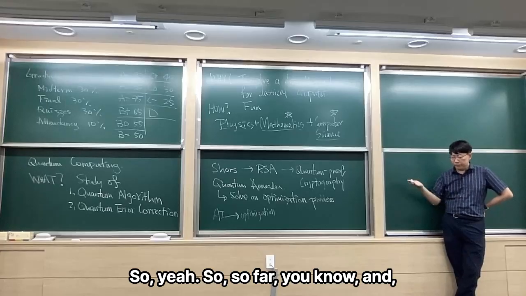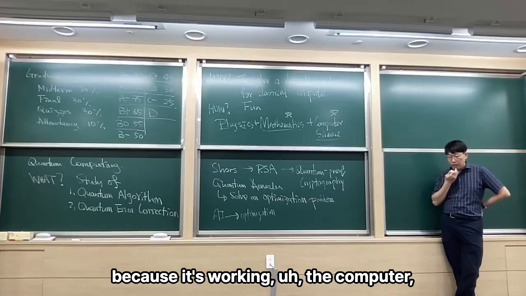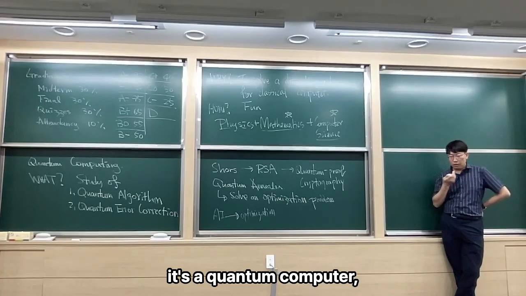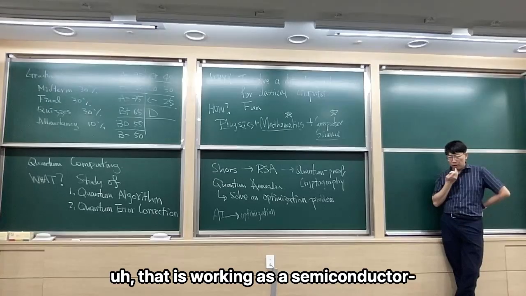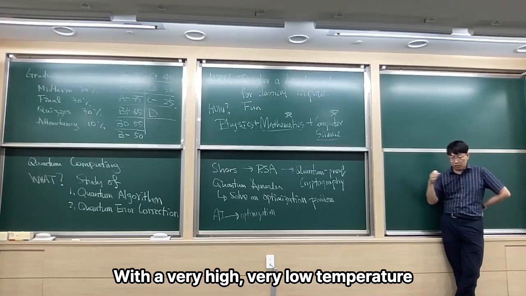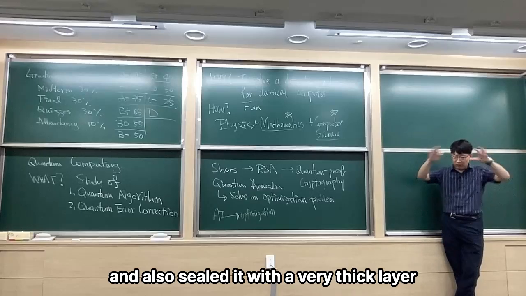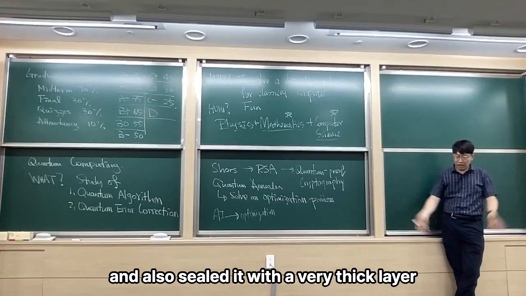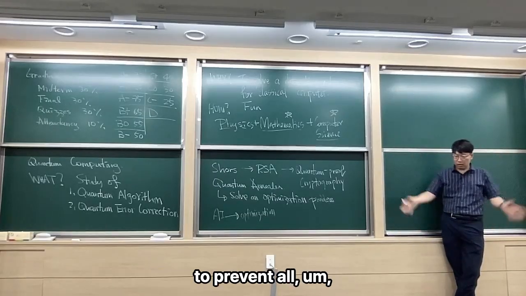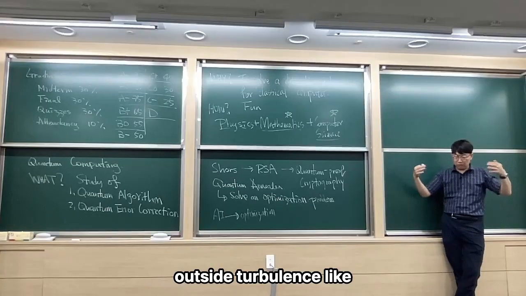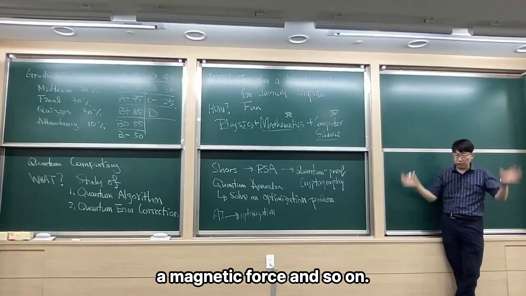So far, the quantum computer that is working is a semiconductor at a very low temperature, also sealed with a very thick layer to prevent all outside turbulence, like magnetic force and so on.